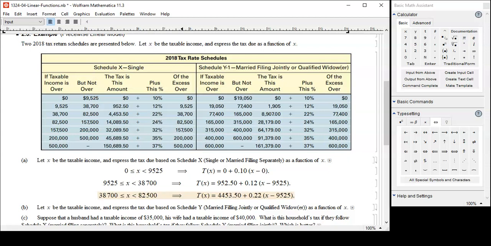But not the entire 80,000, not the entire 50,000, but the excess over 38,700. You see, the first 9,525 is taxed based on 10%, and then after that, up to 38,700, 12%, and any excess of that will be taxed at 22%.